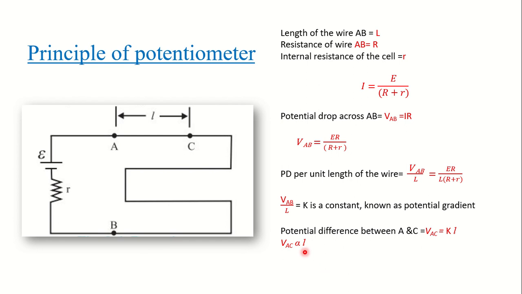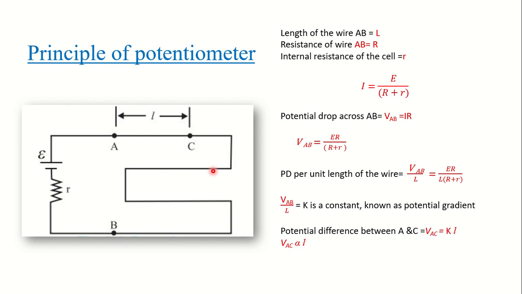Means if I am finding out the potential drop between, suppose I take another point D here, and the length of the wire from A to D is some other value L1, then the potential drop from A to that point D, that is V of AD, will be proportional to the length of the wire from A to D. This is just an imaginary point I am mentioning. This is the principle of potentiometer.